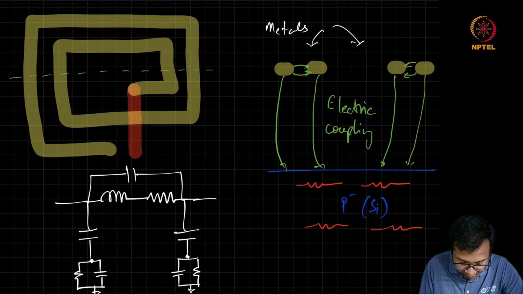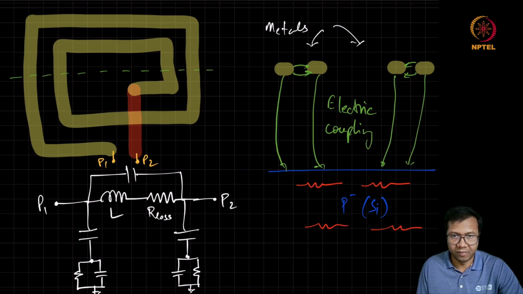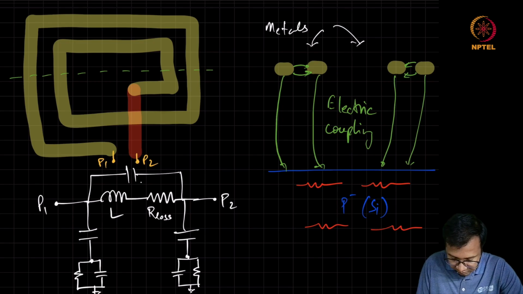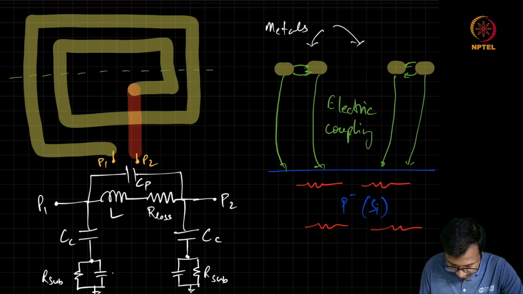And these are the terminals of the inductor. So let's say these are the terminals P1, P2. This is the L. This is the R loss, which includes the DC resistance, skin resistance, proximity resistance. This is some CP. Let's call it CC. C sub.